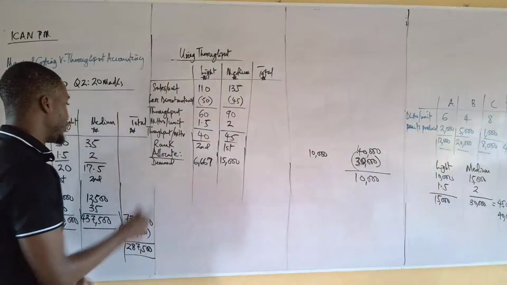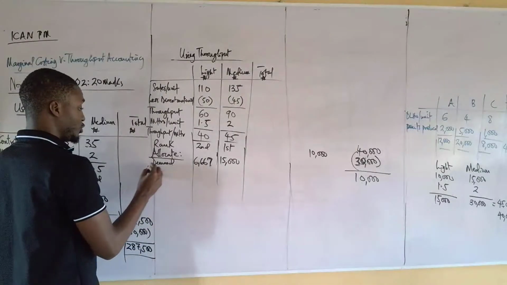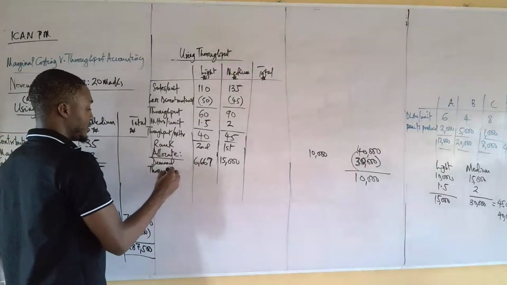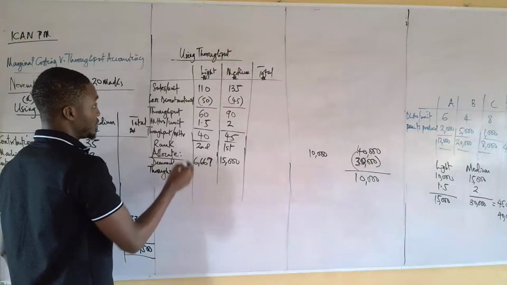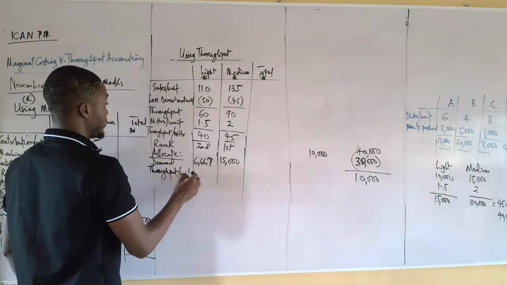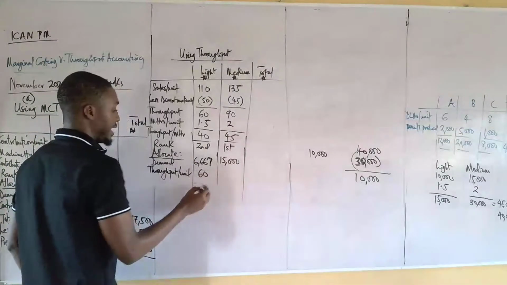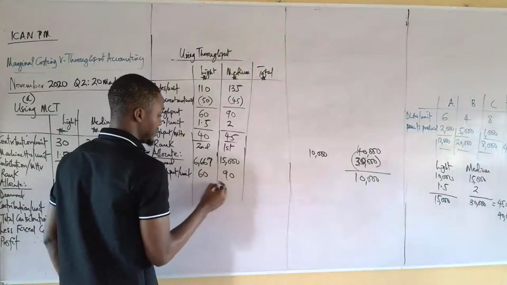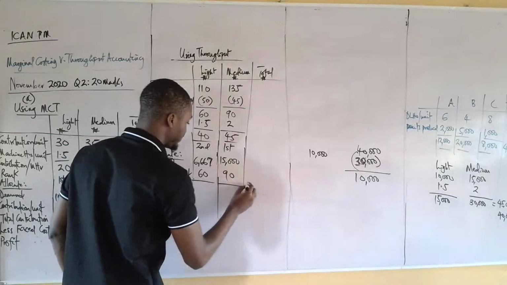So now we go ahead to bring back the throughput again. Throughput per unit, 60 and 90. And then we multiply.